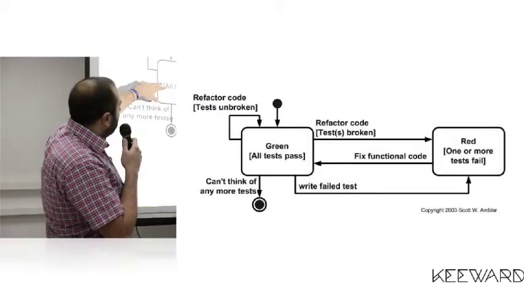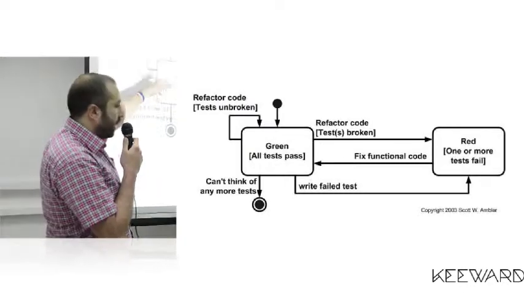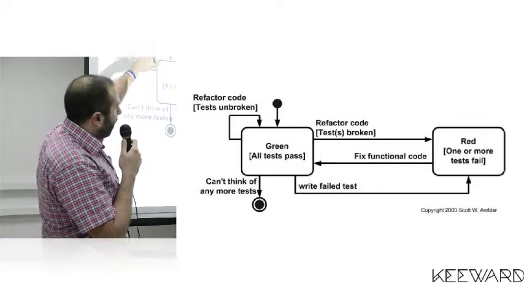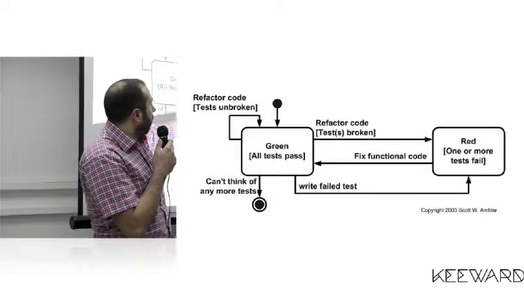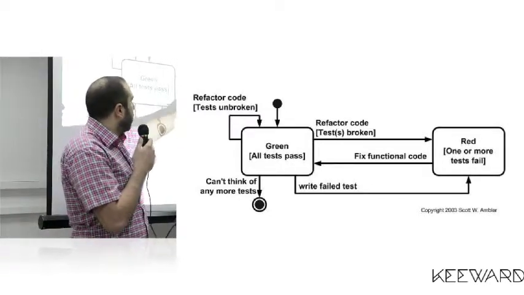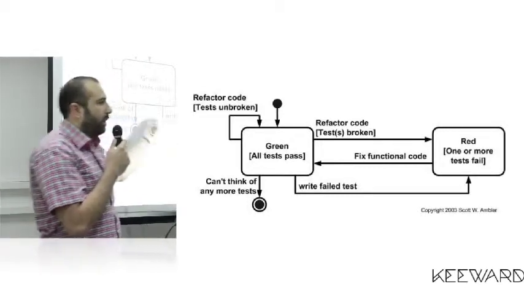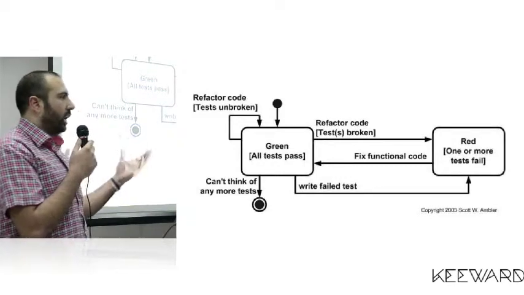In between, you start with either a broken test or a green test, depending on where you are in your app. You write a failing test, you get red, you write your code, you fix it or you write new code, you make your green test work, then you refactor and you repeat this cycle. This is the whole idea.